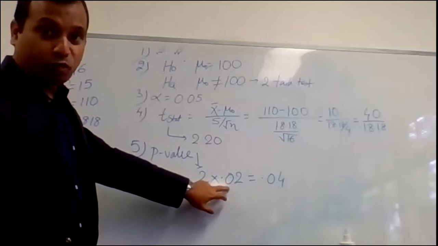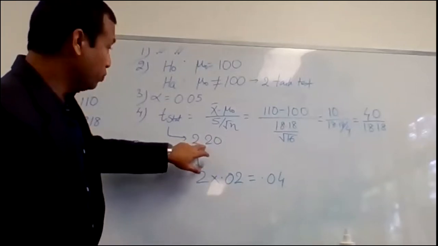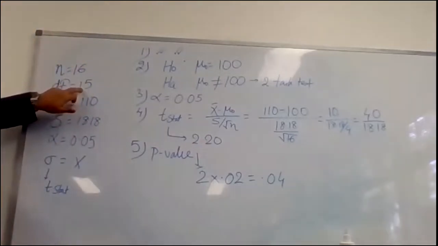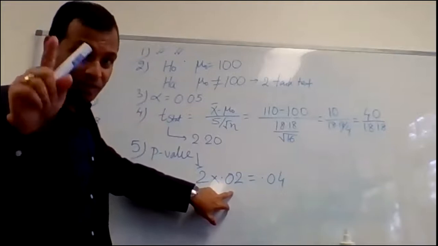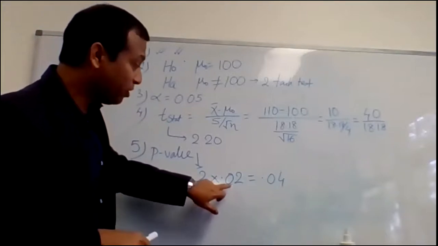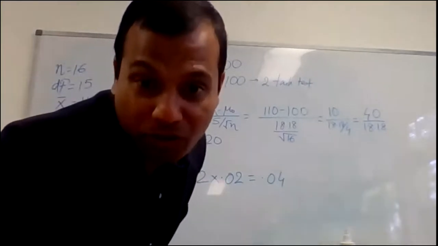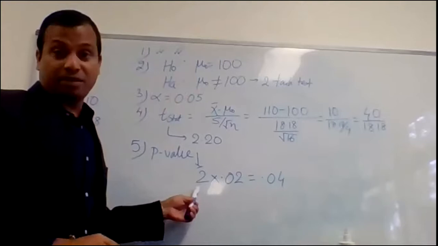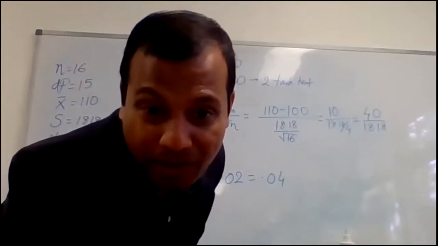How did the 0.02 come? At the t stats 2.2 with the degree of freedom 15, the probability value we got is 0.02. I was drawing it on the t stats. So the corresponding probability value we got is 0.02. And if you apply the decision rule, it has to be 2 times the probability value. Why is it 2 times?